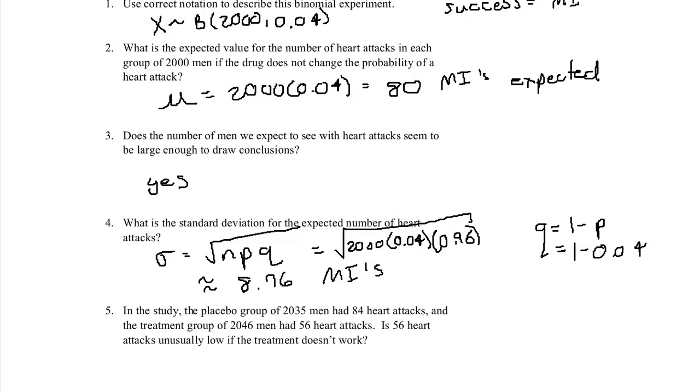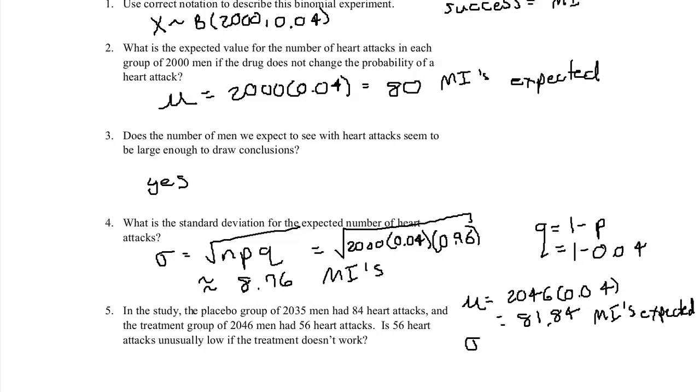First of all, we need to redo our expected number of heart attacks in a group of 2,046 men. So 2,046 times 0.04. Pop that in your calculator, and we find out that we have 81.84 heart attacks expected. We expect 81.84 heart attacks in this group of 2,046 men.